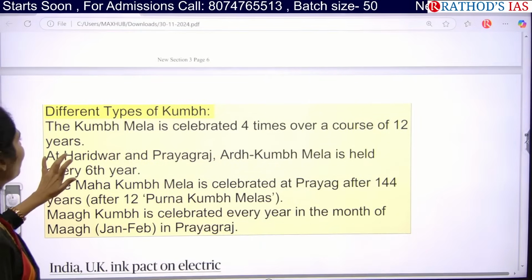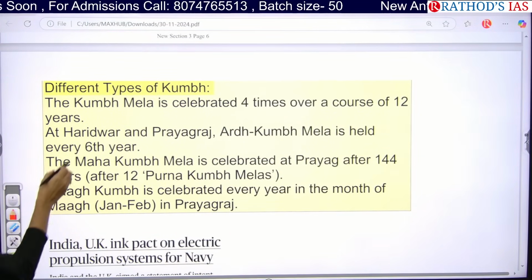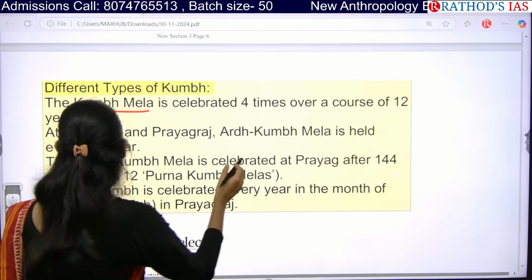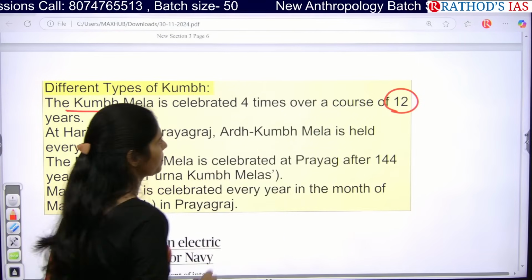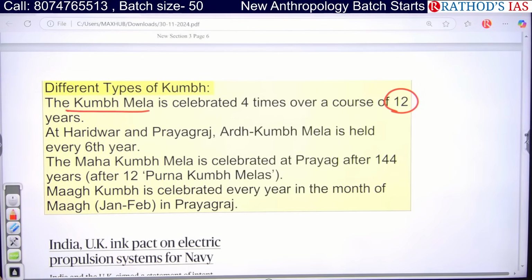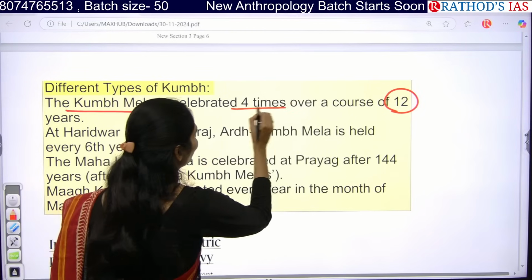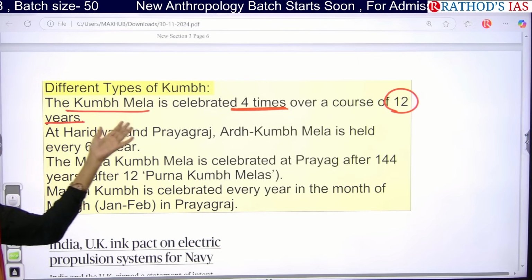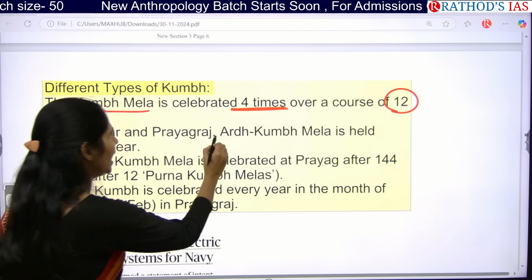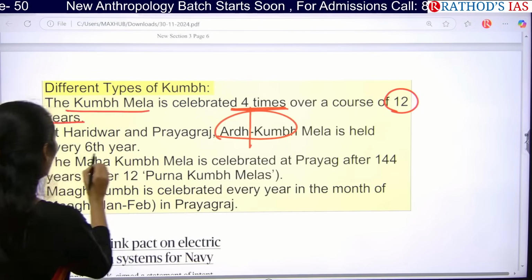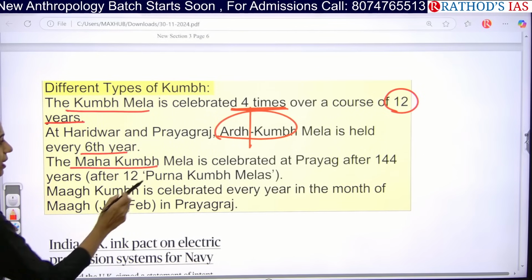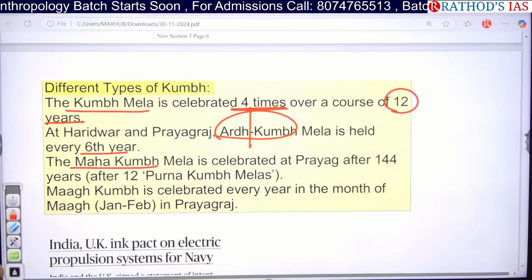And we have different types of Kumbh. The first one is Kumbh Mela. Kumbh Mela is celebrated once in 12 years, 4 times over a course of 12 years, at Haridwar, Prayagraj, etc. Ardha means half, so every 6th year we celebrate this, and Mahakumbh Mela means 144 years.